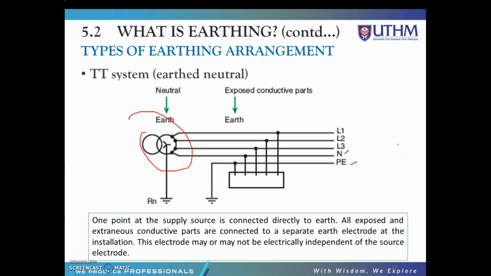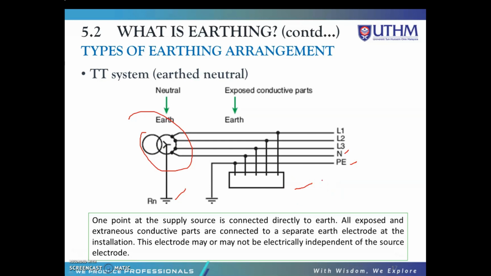So PE is the protective earth, the conductor that connects the exposed metallic parts of the consumer's electric installation to the ground. Okay, so in this TT system, one point at the supply source is connected directly to the earth. All exposed and extraneous conductive parts are connected to a separate earth electrode at the installation for the load parts.